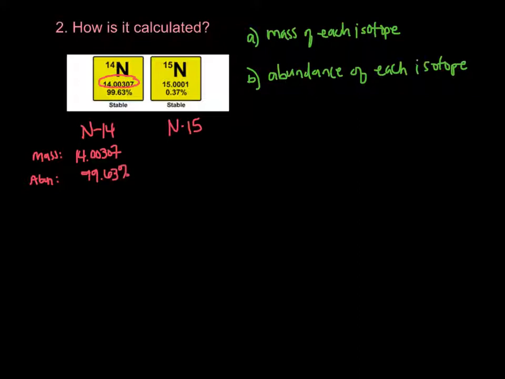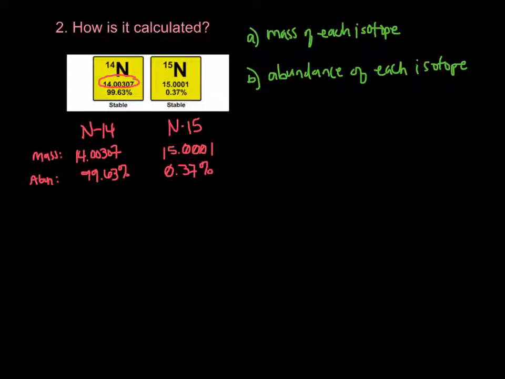So hopefully at this point you realize that the atomic mass for nitrogen is going to probably round to close to 14 because nitrogen 14 is most of the naturally occurring nitrogen. And then you've got nitrogen 15 with a mass of 15.001 and an abundance of 0.37%.